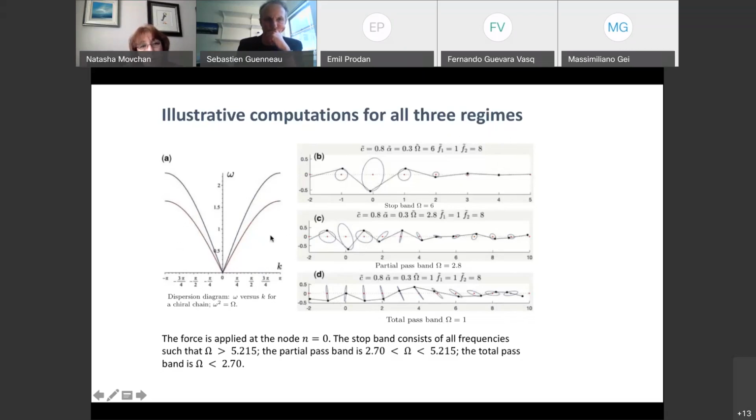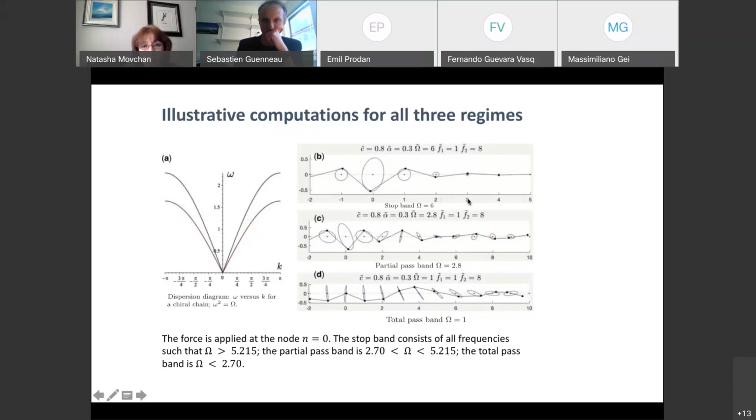So in the total passband, we are somewhere here below this frequency where the red curve finishes. In the partial passband, we are between these 2 frequencies, and in the stop band, we are above all these dispersion curves.